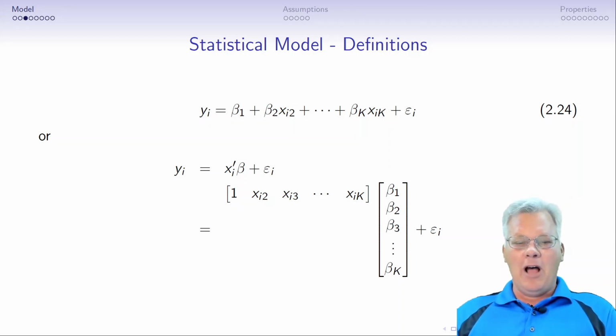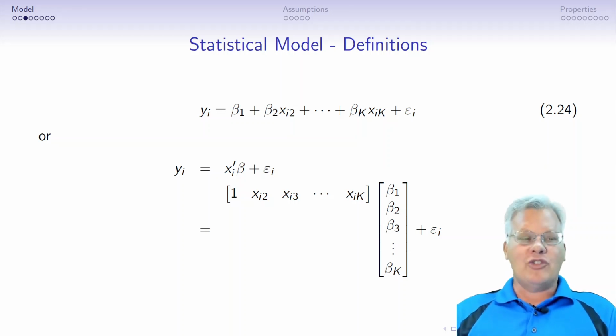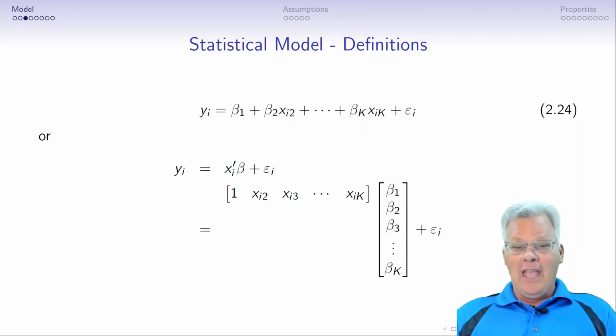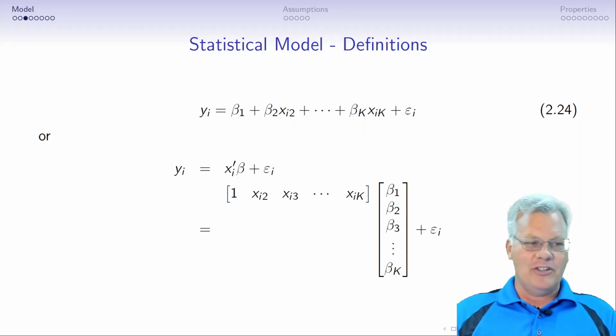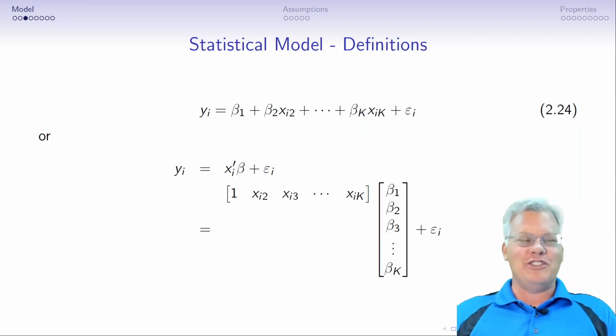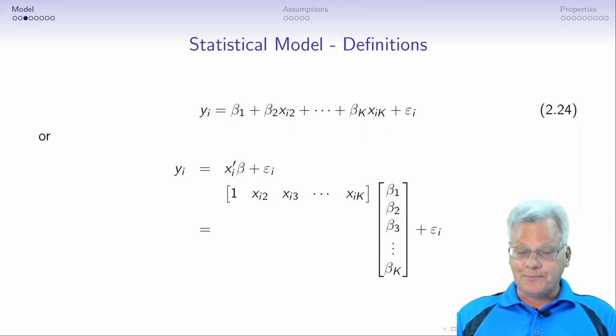So y sub i, the ith observation of the dependent variable y, can be expressed using matrix or vector notation as x sub i transpose times beta. Beta is the column vector of the population parameters, the population intercept beta 1 and all the population slopes.